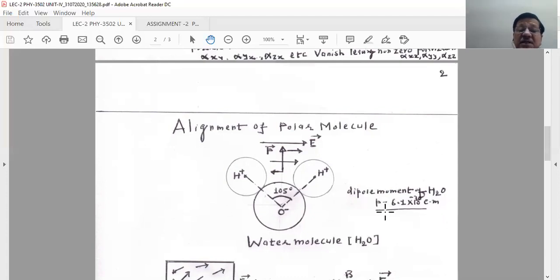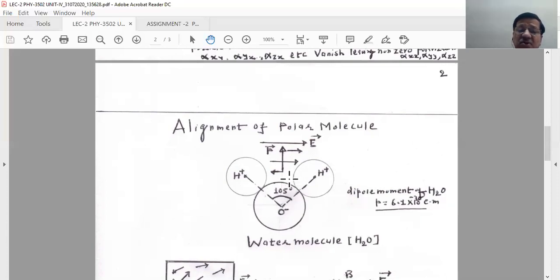In the case of a polar molecule like water, the molecule is not linear. It is bent, and the angle is 105 degrees. If you see the structure of this molecule, the majority of the electrons are accumulated towards the oxygen side.